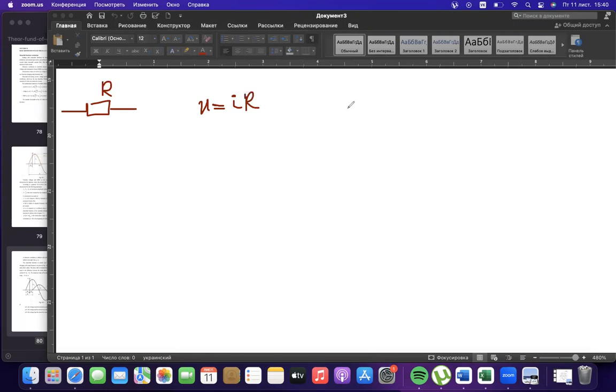That is why if we have some curve for voltage, then the curve for current should be exactly the same.